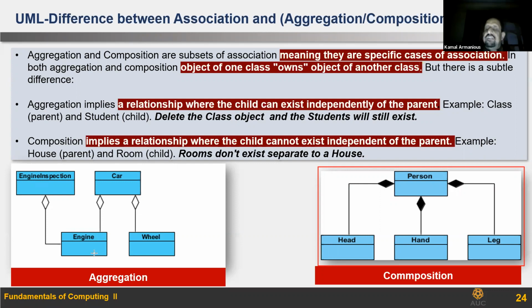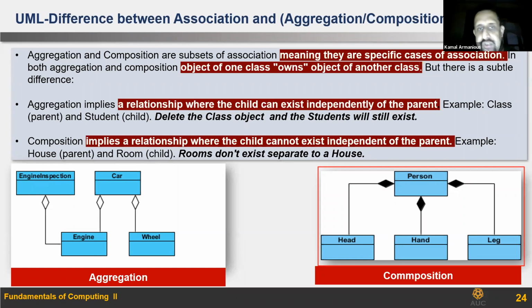So the best practice is to put it at the strongest relation, which means composition. That's why you will see the leg and the person as a composition relationship. I'll explain it in Arabic. As long as the relationship can be composition, make it the stronger, more strict relationship, which is basically composition.